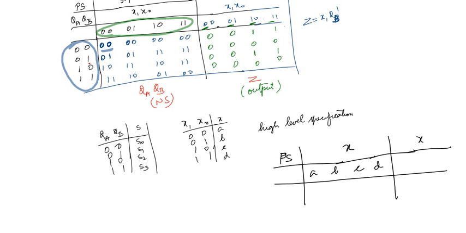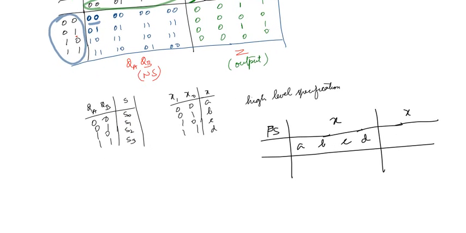Similarly, in the present state, 0 0 means S0, 0 1 means S1, 1 0 means S2, and this is S3. So it will be like this: S0, S1, S2 and S3. Again, this is A, B, C, D. Now try to fill up these things.